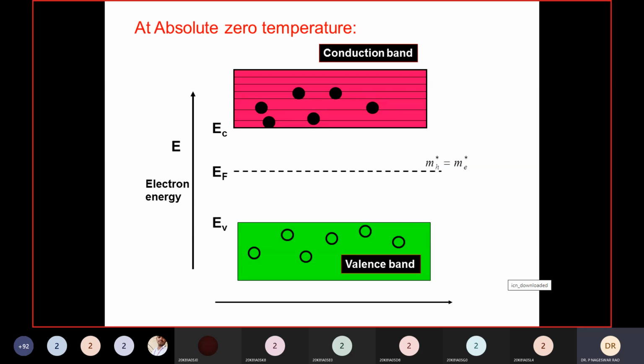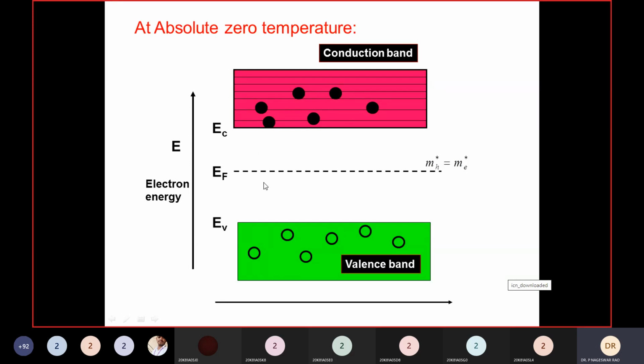That is why the Fermi level is exactly in the middle of the valence band and conduction band. So Ef is equal to (Ev + Ec) by 2 at absolute temperature.